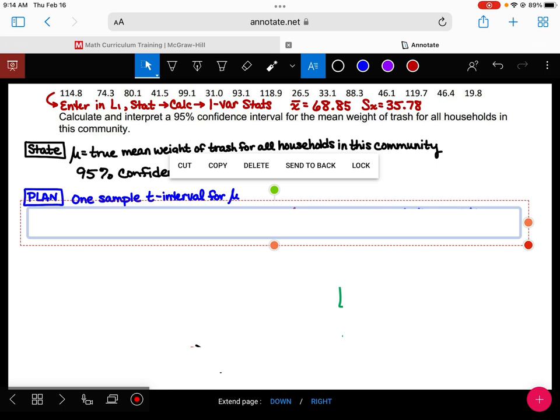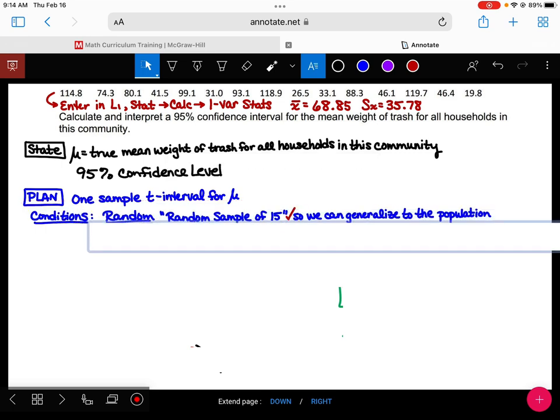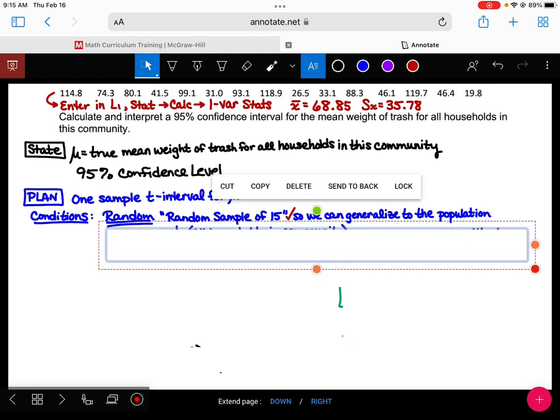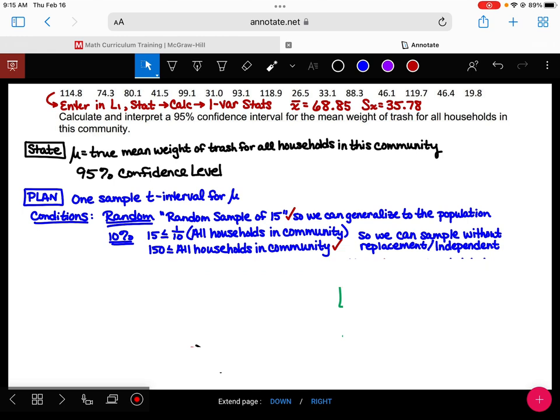Conditions. What are our three conditions? Random, 10%. Do we have random? Yep, it says random sample of 15. 10%. Do we have 10%? Yeah. It would mean there'd at least have to be 150 households. We do that so that we can sample without replacement, so that we have independence.